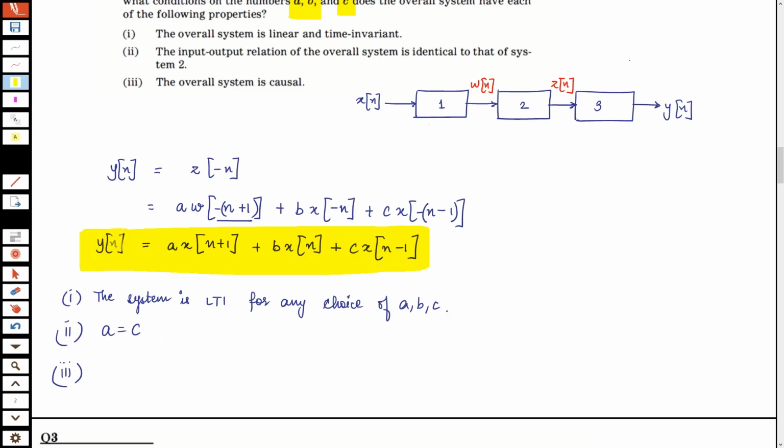If we again take a look at the overall system, we notice that there is one particular term which is dependent on future inputs, that is this, right? And if we could get rid of this particular term, we can reduce this system to a causal system. And how do we do that? If A was equal to 0, we would not have this term which depends on future inputs. And as a result, the overall system can be made causal.